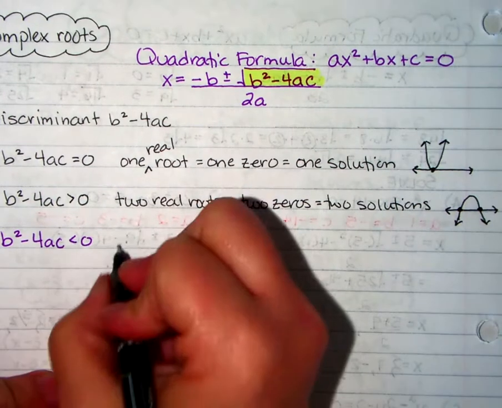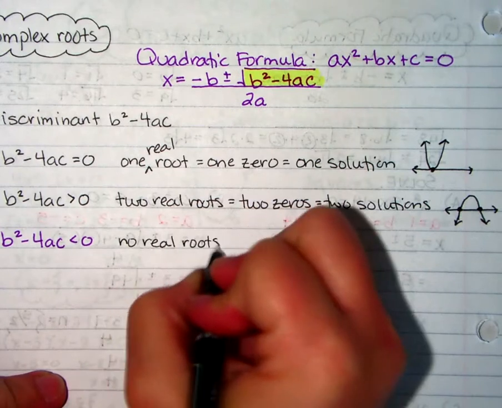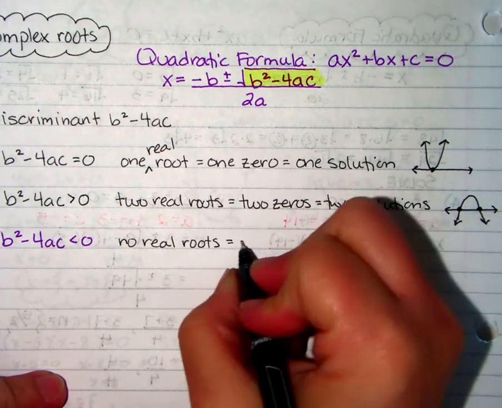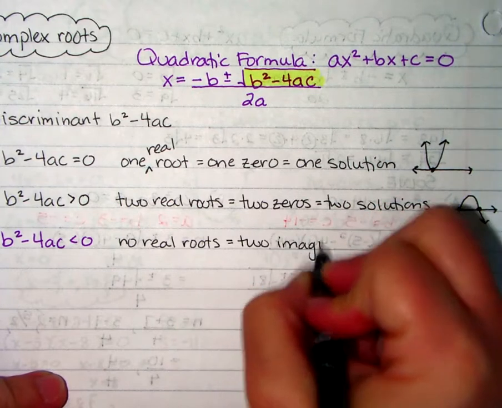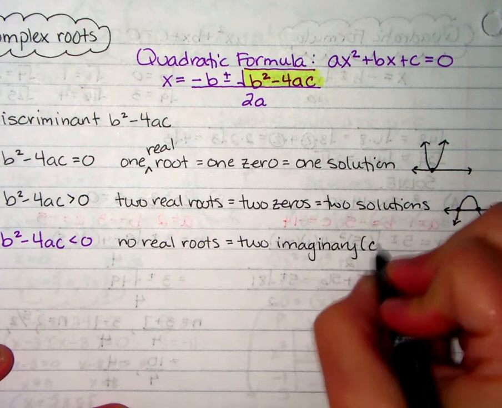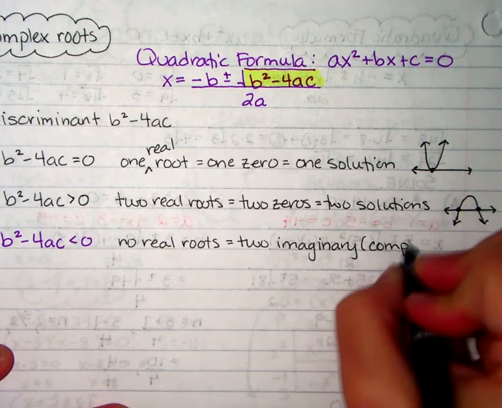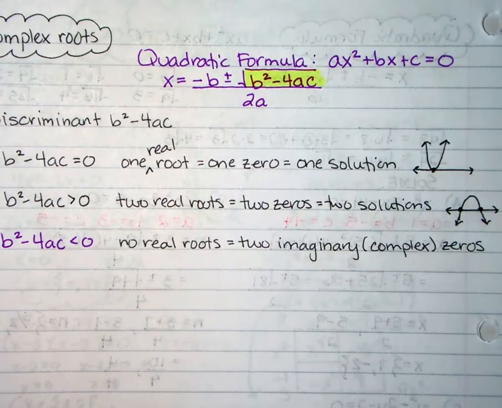But what I do have is 2 imaginary roots, imaginary or complex roots. So I'm going to have 2 answers still, but the 2 answers are going to tell me something different. I'm going to have what we call 2 imaginary or 2 complex solutions.